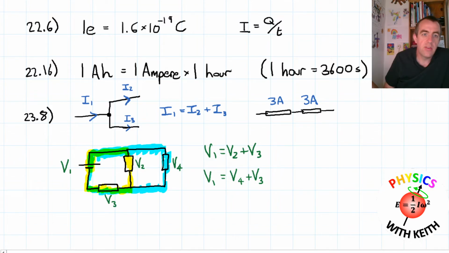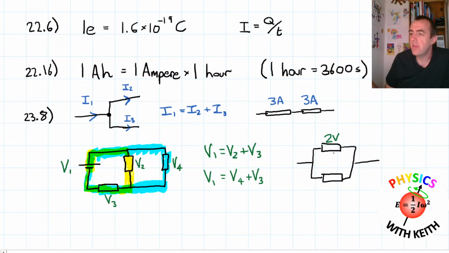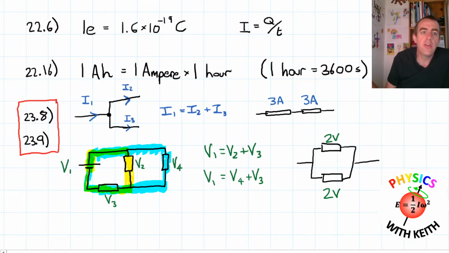And so those are the two possible loops in our circuit. A consequence of this is that two components in parallel will have the same voltage across them. This is such an important skill and such a difficult area for students to master that I've included two questions where you have to analyse circuits, 23.8 and also 23.9.